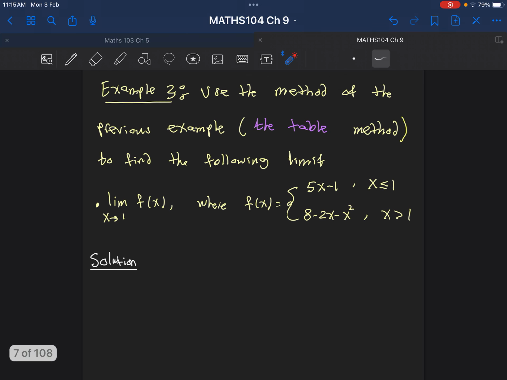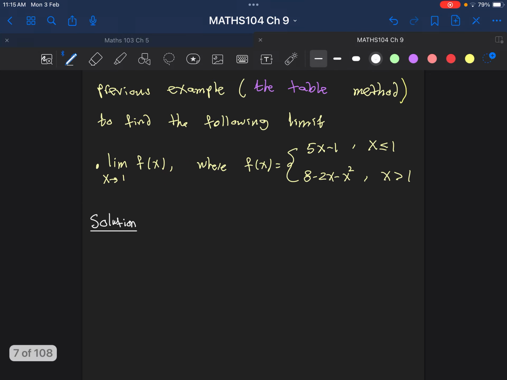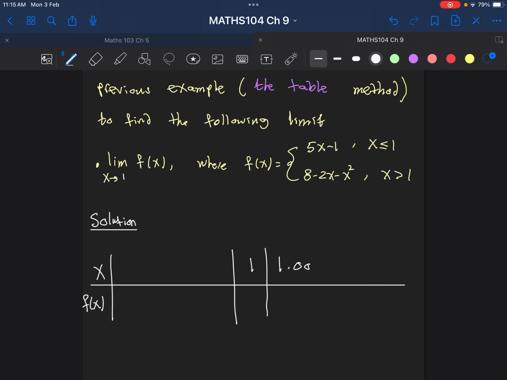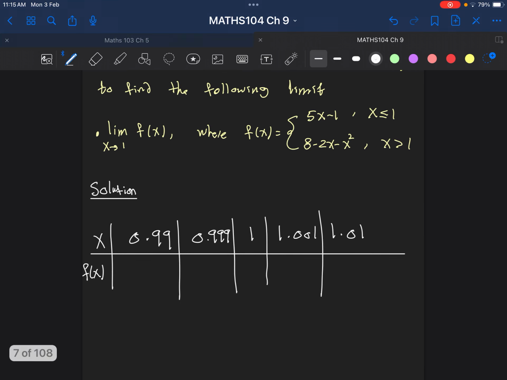Example number 3, I have a function which is a piecewise function. It's written in 2 parts and I need to find the limit as x goes to 1. So what we will do, again, I'll do the table method up here. I need to choose numbers which are a little bit greater than 1, and then a number which is almost 1 from the other side.